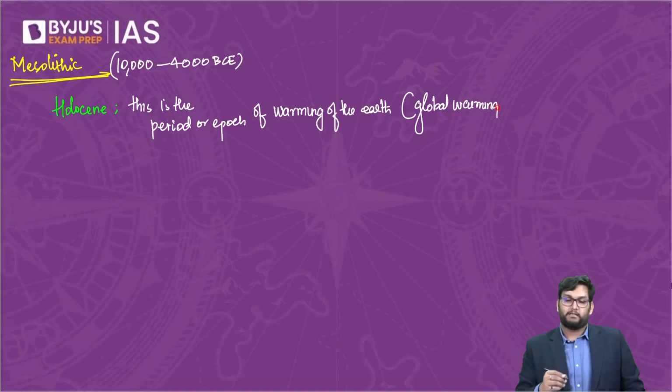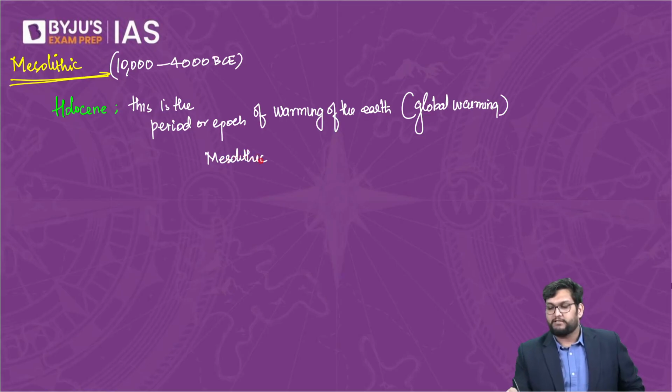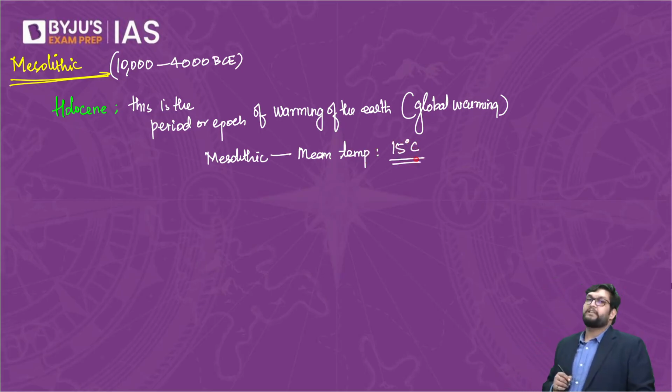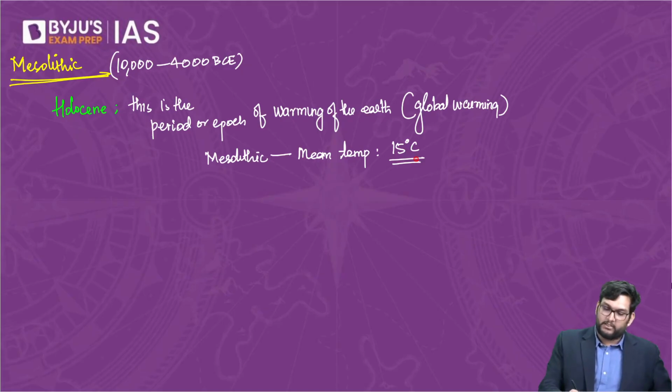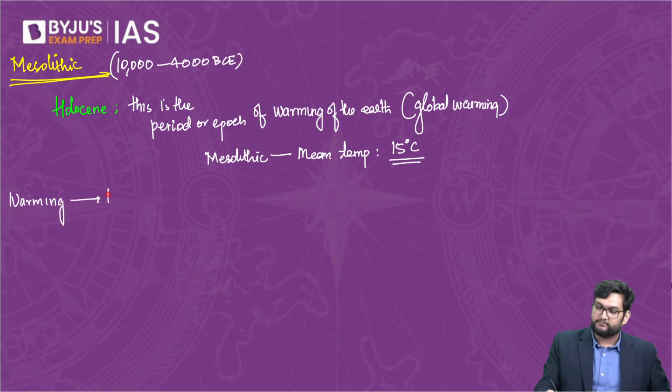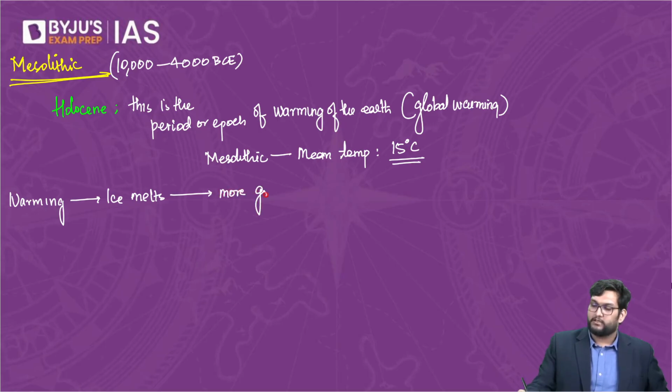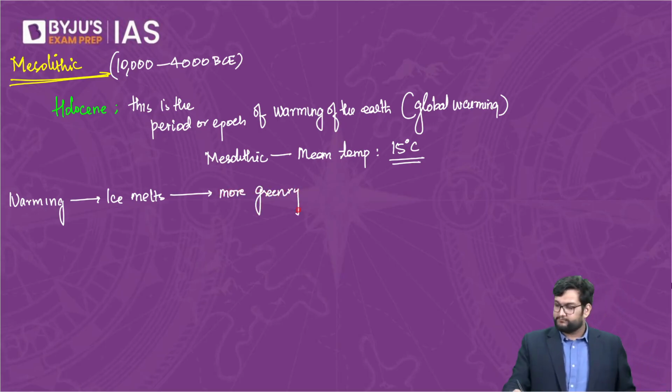And in Mesolithic, what happens is the mean temperature comes to 15 degrees Celsius. Now, warming means ice melts. Ice melt means more greenery, rather we'll say more plants.